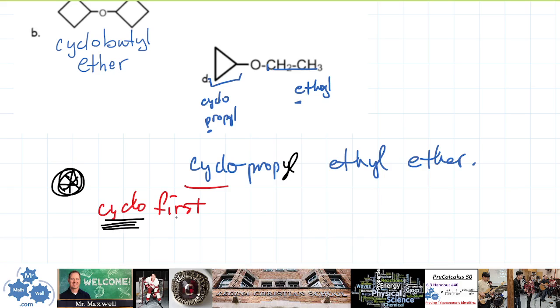Yeah, question? Is it a hyphen, did you say? Between, like here? No, this here? No, that's just the YL. Cyclopropyl ethyl ether. Why do I write so weird?